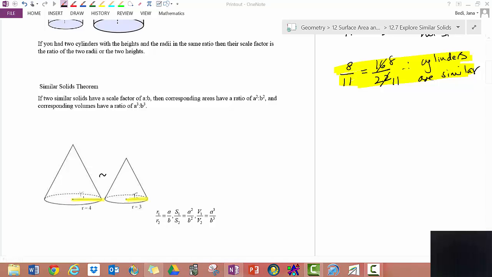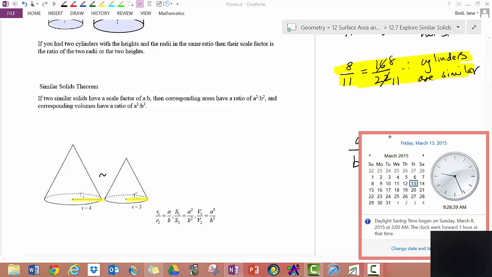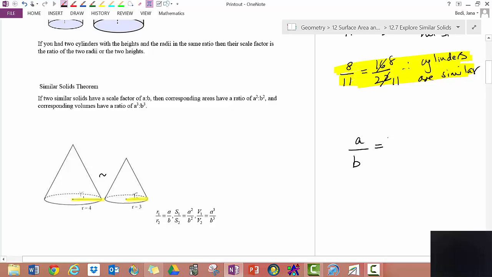So in this case, you would say that the scale factor, which is A over B, is equal to 4 over 3. Let me rewrite it another way. A over B equals R1 over R2, which is 4 over 3.